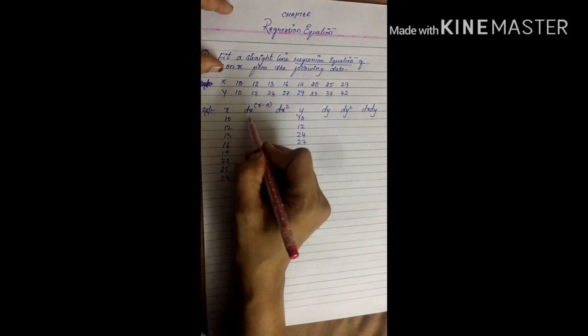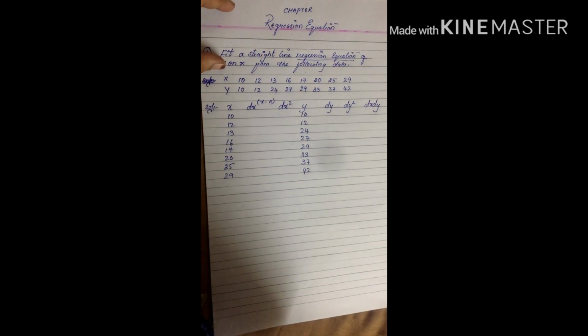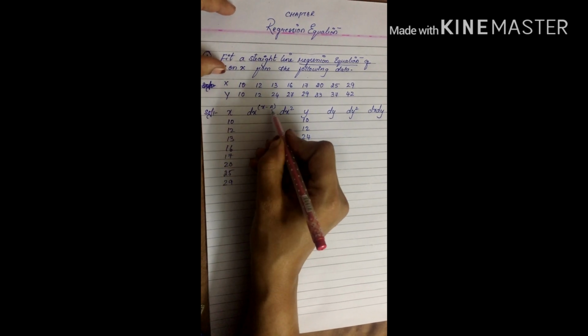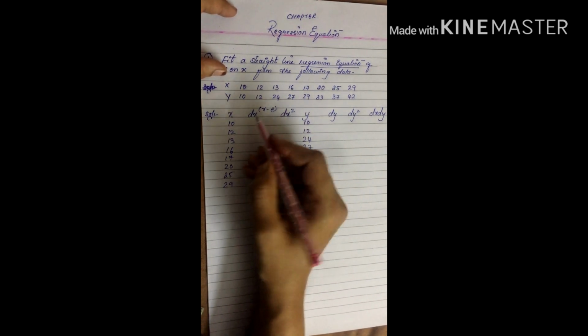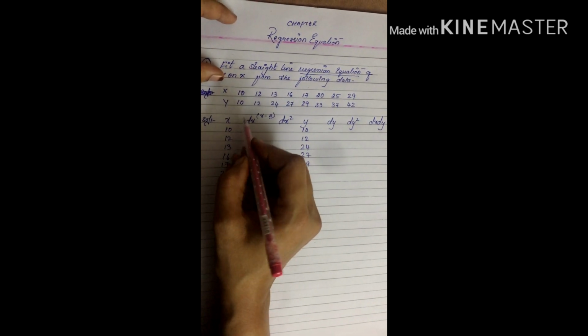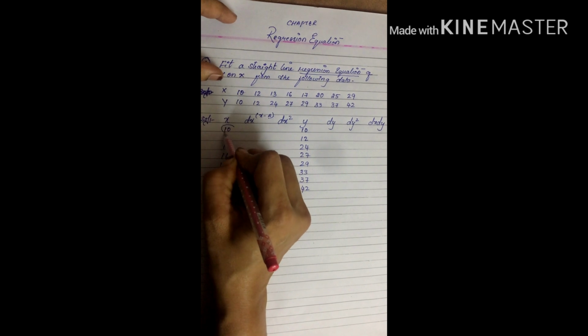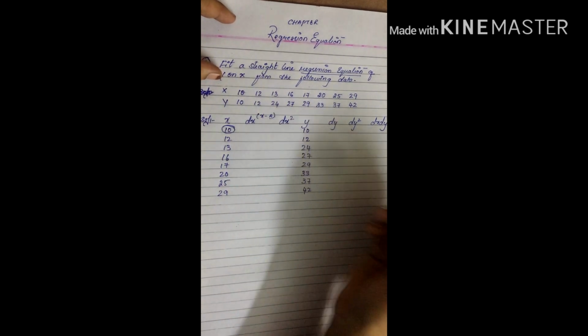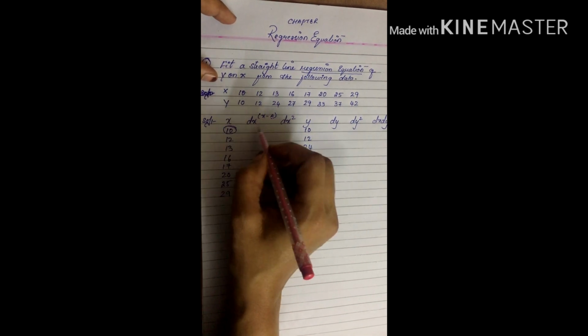Now how are we going to find dx? Dx is nothing but x minus a. We have x values here. Now a should be the smallest one of all the numbers, so it will be easy for you to calculate. The smallest here is 10. You can take any number, but I am taking the smallest so that the calculation is easy.